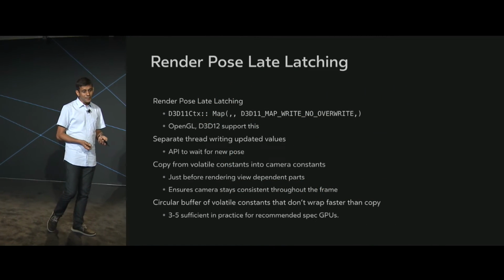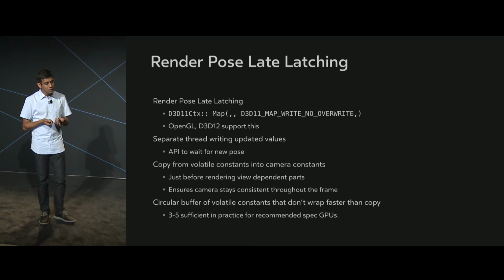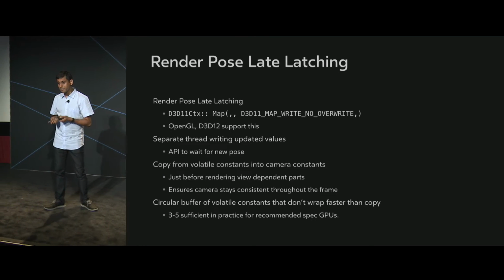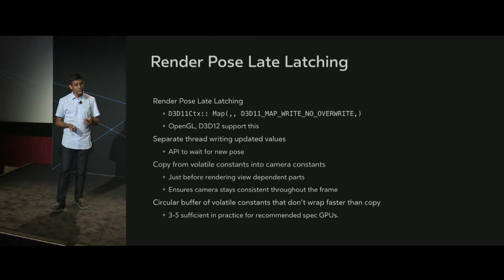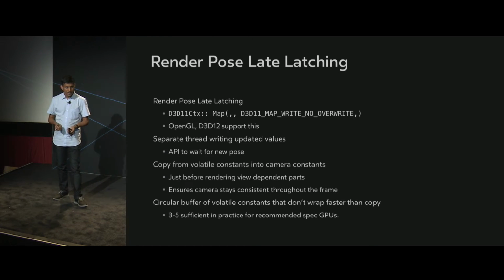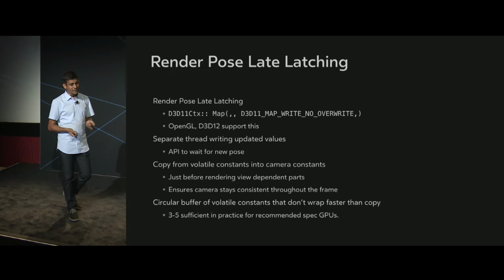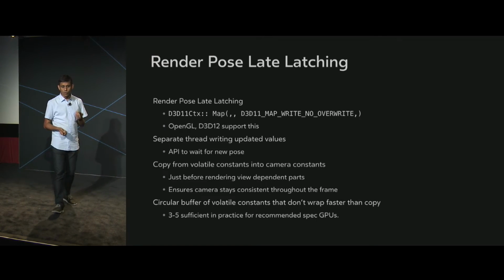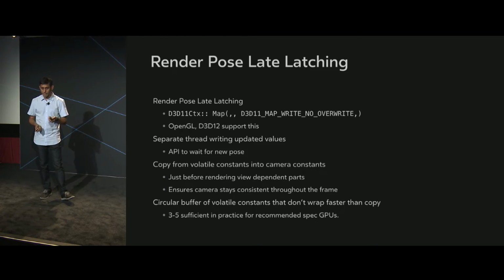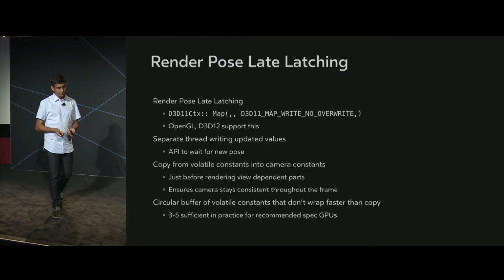So to make this happen, the app would have to implement a persistent mapped constant buffer, which is something that D3D12 and OpenGL support. And we've been able to emulate that on D3D11 by just using map no overwrite. And this seems to work well on all the modern graphics drivers.